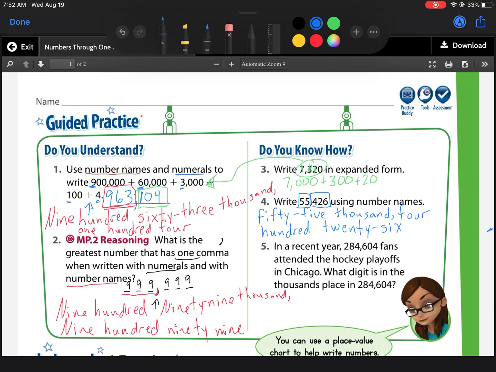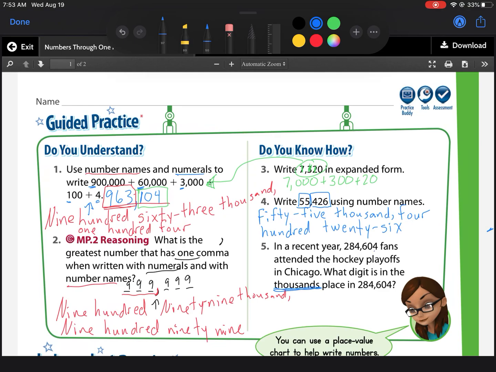We have, in a recent year, 284,604 fans attended the hockey playoffs. What digit is in the thousands place in 284,604? Well, it's asking for my thousands place, so I'm going to underline that keyword. And now I'm going to be looking for my thousands.